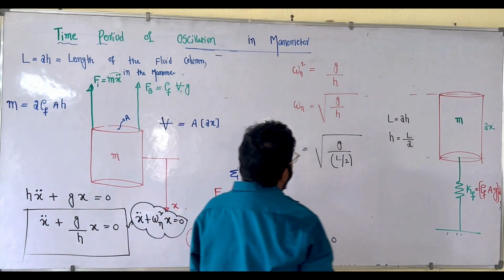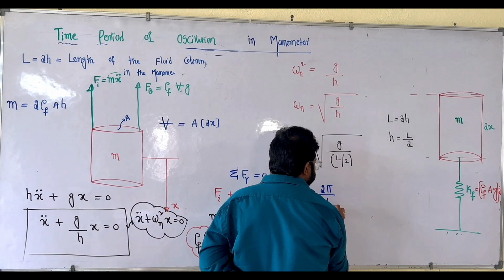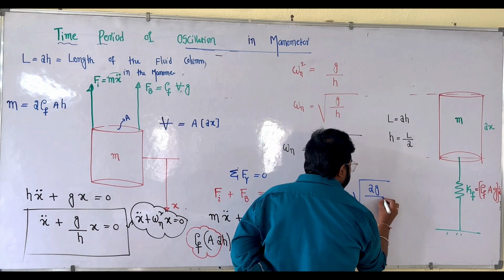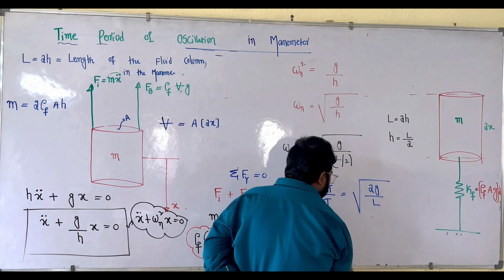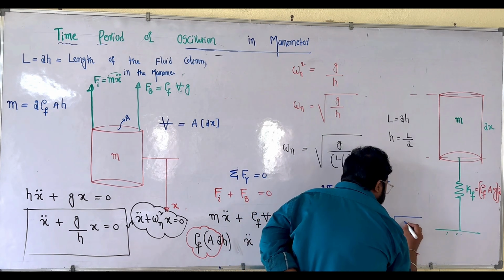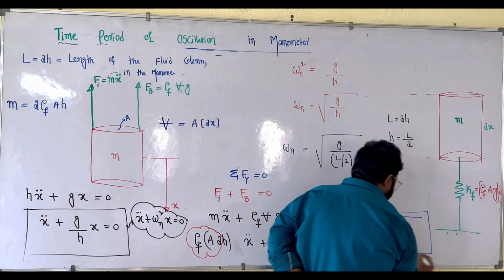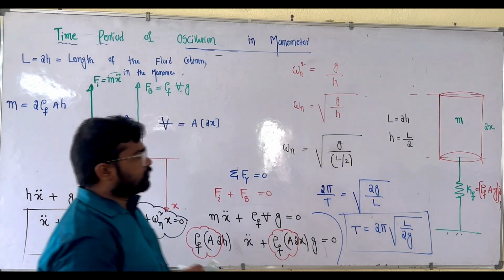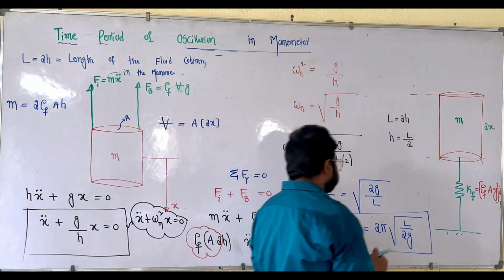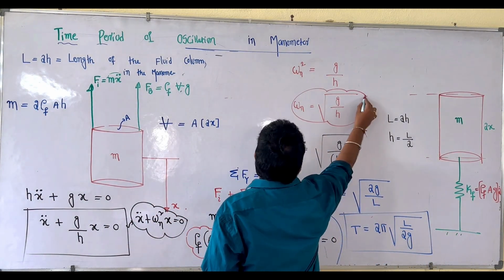Now 2 pi by T equal to how much? Square root of 2G by L. T equal to how much? T equal to 2 pi square root of L by 2G. Or else, from here what is obtained?